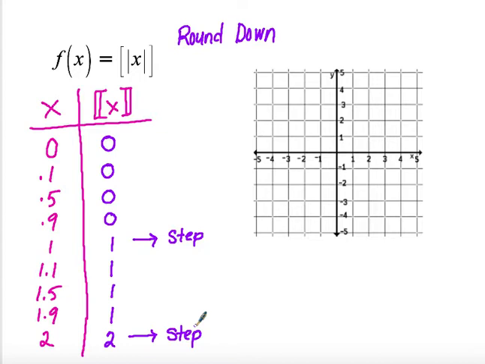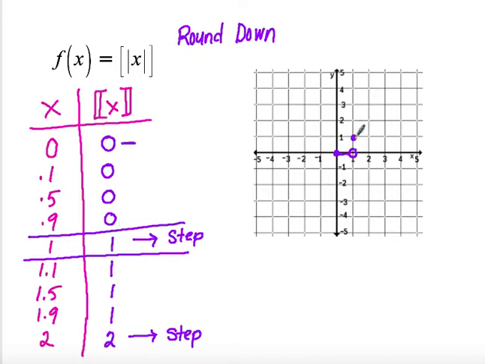So how does this look when we graph? If I start at 0, 0, I'm going to stay at 0 until I hit my first step at 1. When I get to x equals 1, I'm going to put an open circle there so that it remains a function, and I'm going to step up to the next integer. So I'm actually plotting 1, 1.